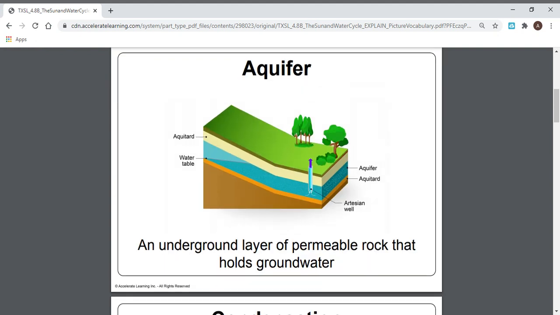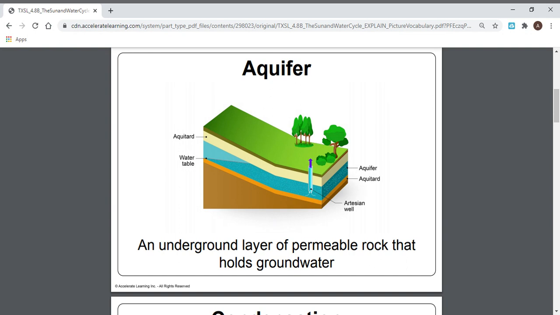Our first vocabulary word is aquifer. It's an underground layer of permeable rock that holds groundwater. So an aquifer, you can see it's under the ground and it holds groundwater.